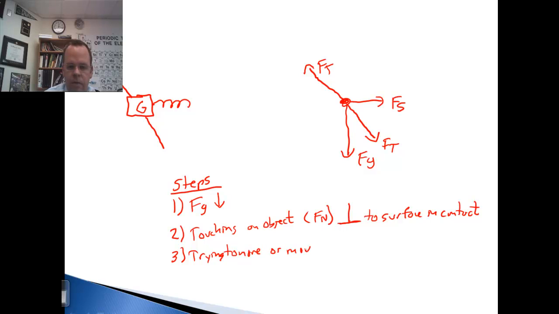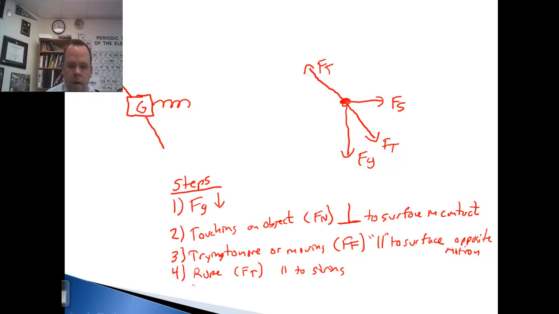Is it trying to move or moving? In which case we'll have friction parallel to the surface and opposite the direction of motion. Is there a rope or string? Force tension, parallel to the string.